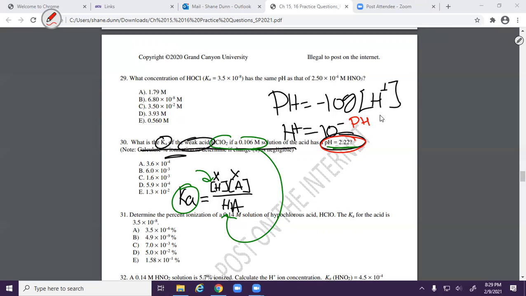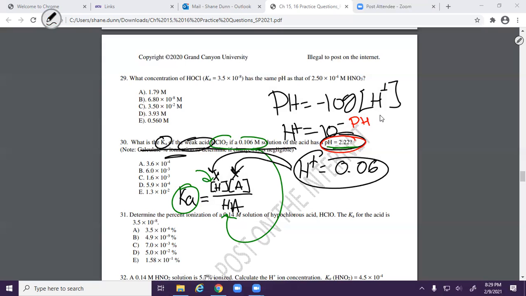Yes. And what do you get for H plus? 0.006. That's the number of hydrogen. That gets plugged in. That's your X value.